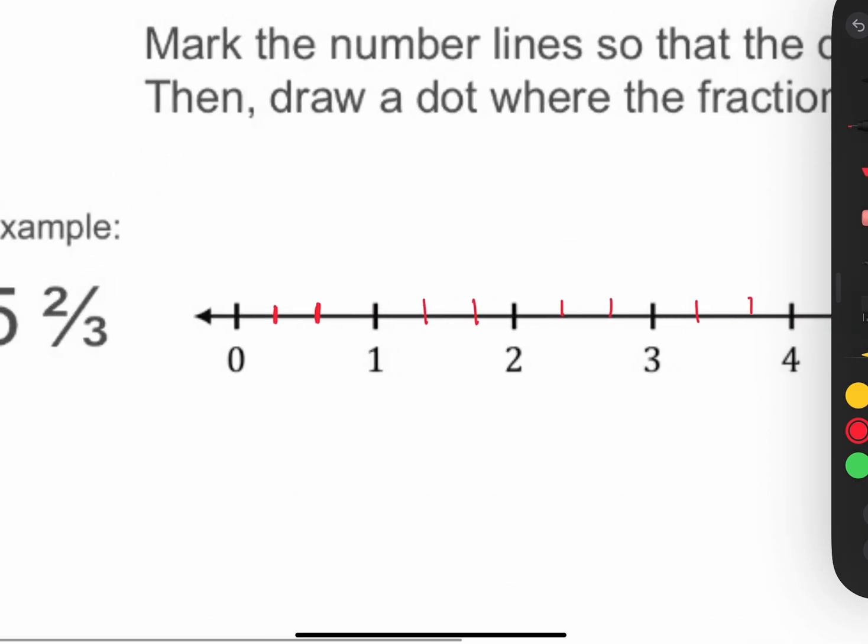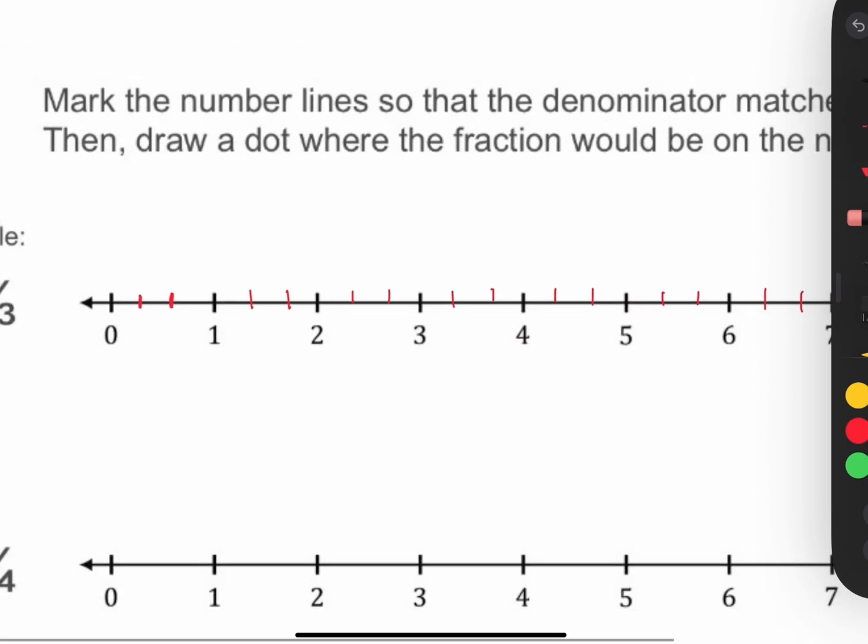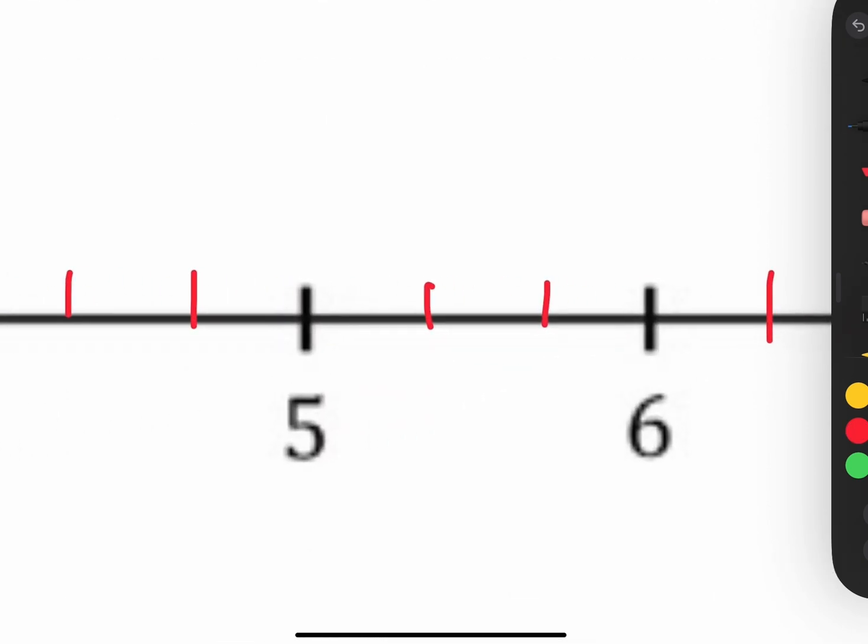Now I have to mark 5 2/3 onto the number line. Well, I know that 5 is my whole number, so I will go all the way to 5, and it says 5 2/3. Well, over here is 5, and this first line is 5 1/3.